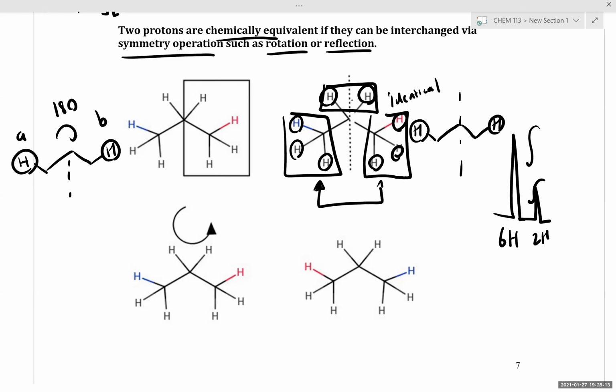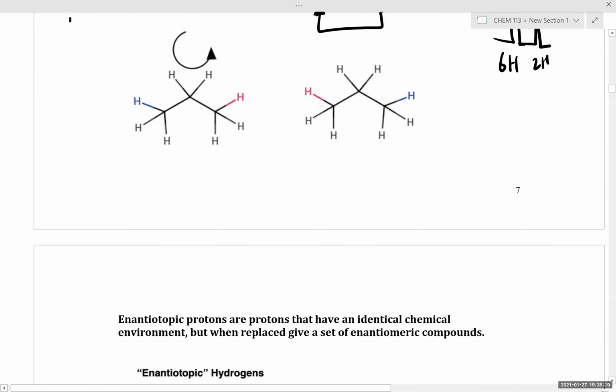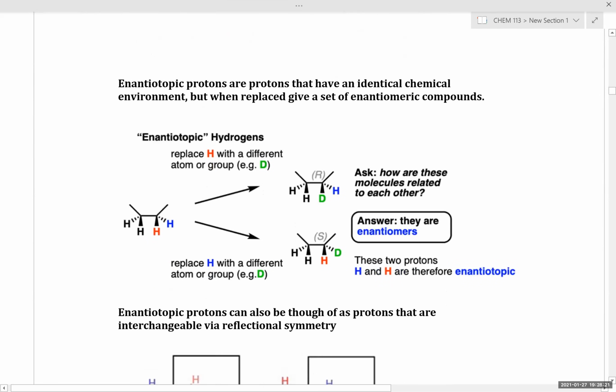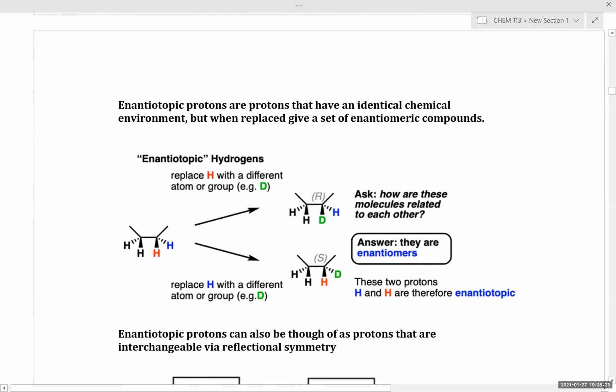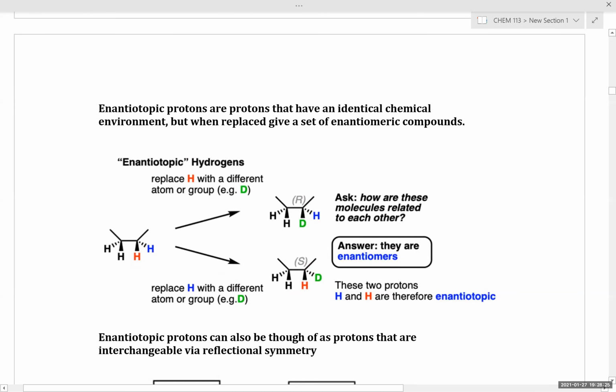Perfect. Continuing on, enantiotopic protons are very special. They are protons that have an identical chemical environment, but when replaced, give a series of enantiomeric compounds.